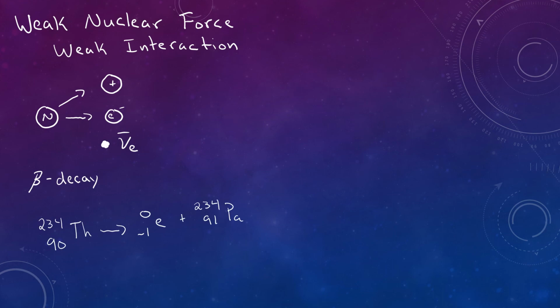And so if we look at a beta decay reaction, if we start off with one atom of thorium, which has an atomic number of 90 protons, one of its neutrons will decay and it will emit an electron and become protactinium with 91 protons. And so it becomes an entirely new element through this weak nuclear force.